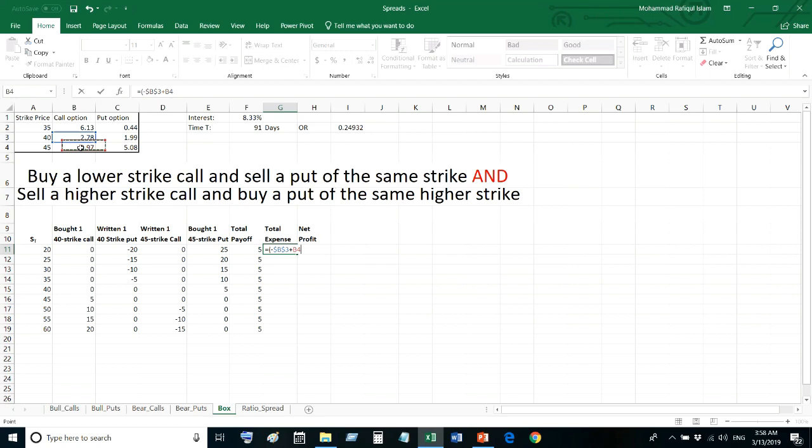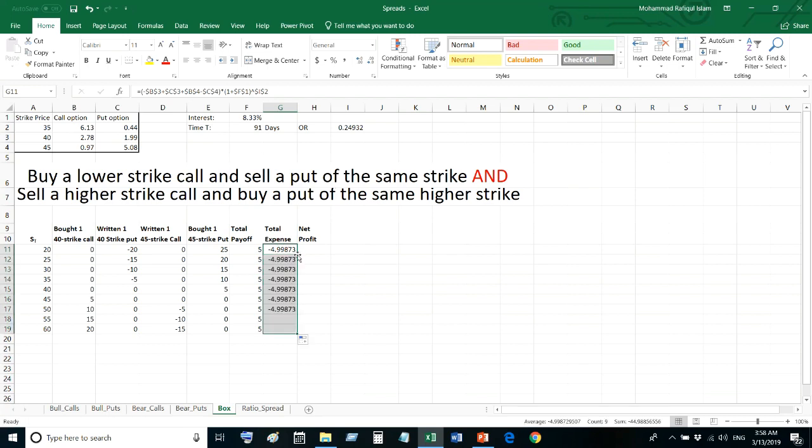That's the price for a 45 strike call, and again we bought the 45 strike put. That's why it's negative, times 1 plus the interest rate to the power of t. See, that's our total expense.